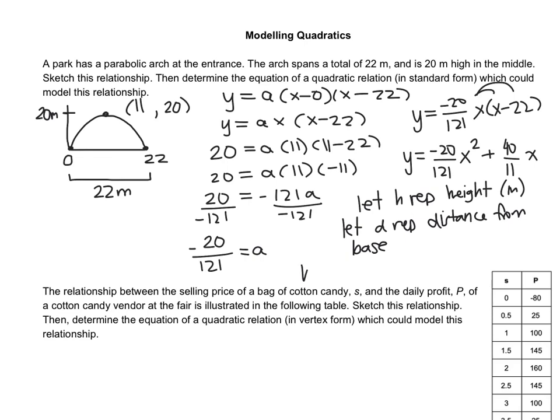So then we have h equals negative 20 over 121 d squared plus 40 over 11d. And that way we just have variables that actually mean something to us. And you could have kept x and y if you wanted to, but you would need let statements telling me what they represent.